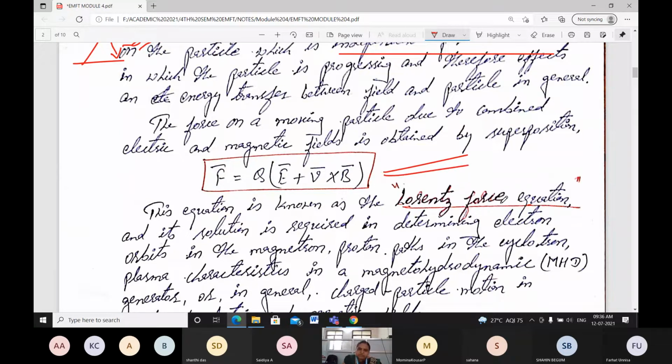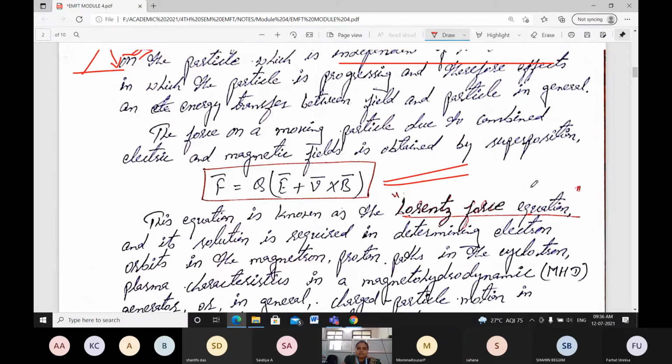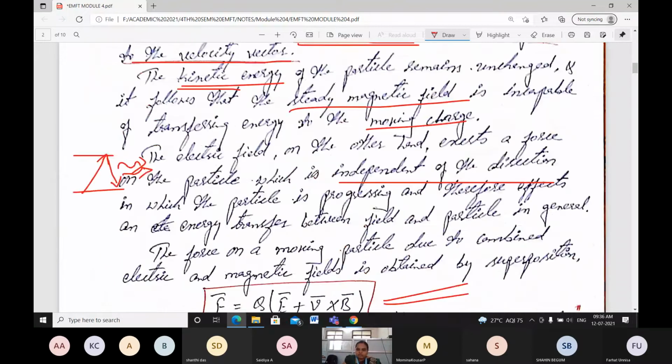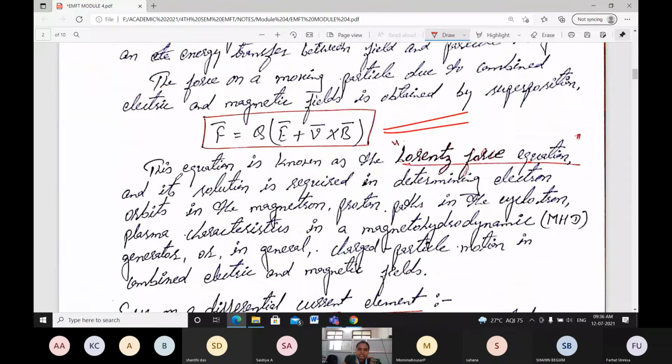In some question papers, if they ask you to explain or derive the Lorentz force equation, you go on writing the theory part of this whole equation. Its solution is required to determine electron orbits in physics, in terms of a magnetron or the proton path in the cyclotron, and plasma characteristics in magneto-hydrodynamic (MHD) generators.